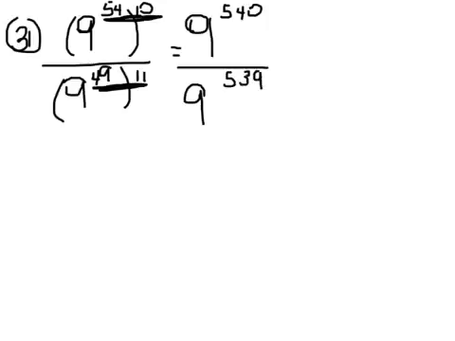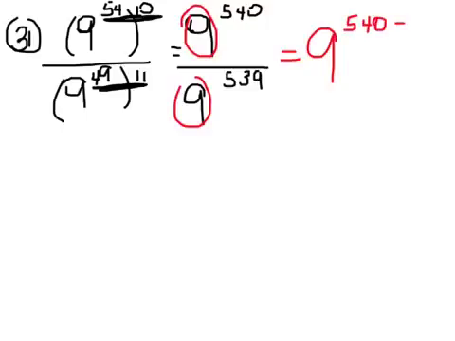Okay? So now I've got a fraction, and the thing that helps me reduce this is I have the same base here. Both of them are 9s. So the rules say I take that base, and I subtract the exponents. And there's more on top, so I'll put my answer on top of the fraction. If I want to think about it this way, I could write all these out and cancel them out. And when I cancel things out, you end up with a 1 on the bottom when all the bottom ones cancel out.